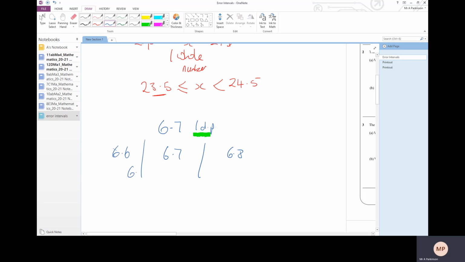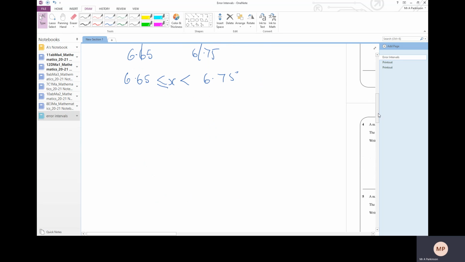The middle values are 6.65 and 6.75. So therefore x is between 6.65 and 6.75. It can be equal to 6.65 because that rounds up to 6.7, so we put an extra line on it. It can't be equal to 6.75 because that rounds up to 6.8, so we'll leave it like that.